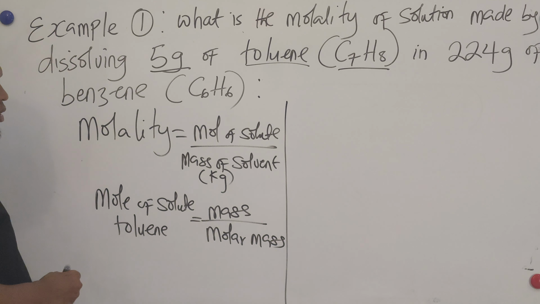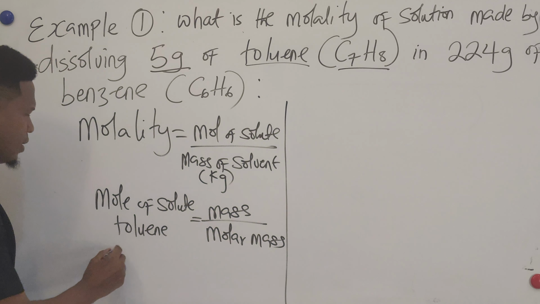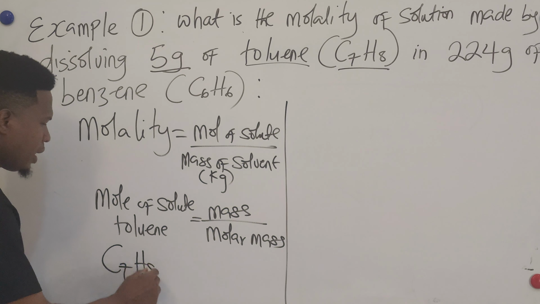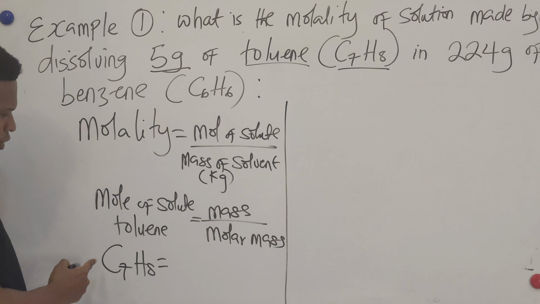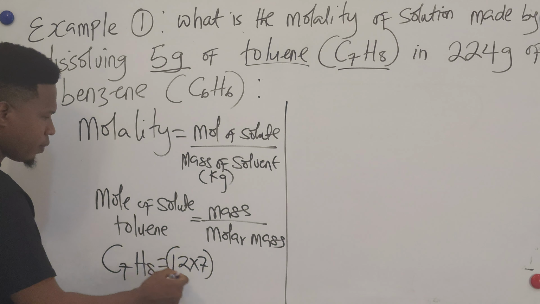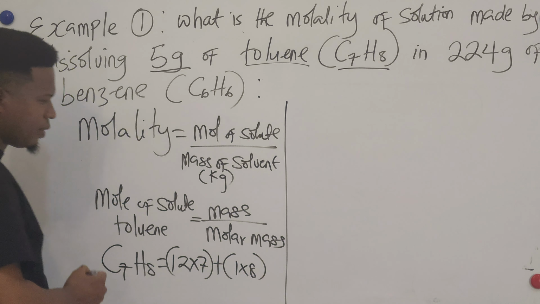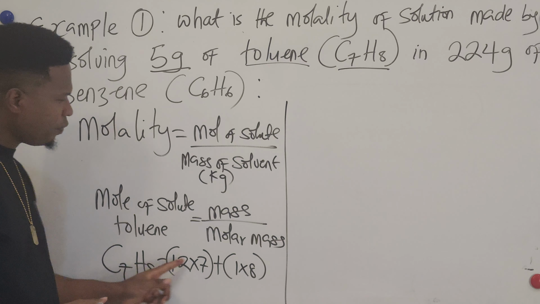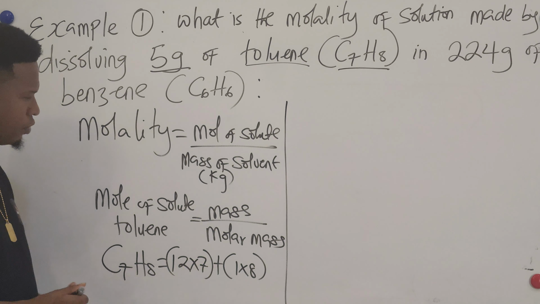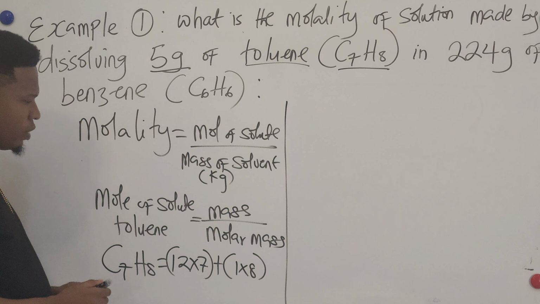Right? So how do we find the molar mass of toluene? C7H8 is equal to, how do you get the molar mass? 12 times 7 plus 1 times 8. So when you do 12 times 7, 7 times 2 is 14, 7 times 1 is 7 plus 1 will give you 84.